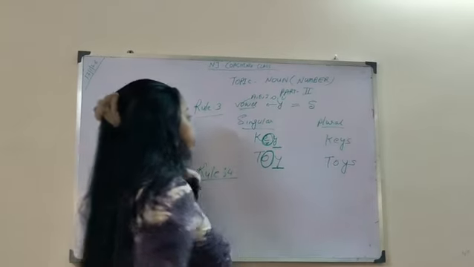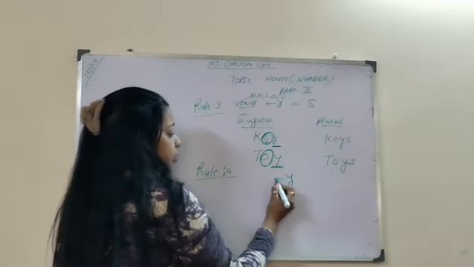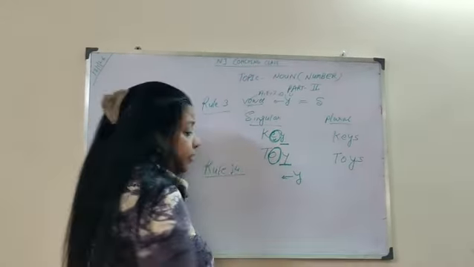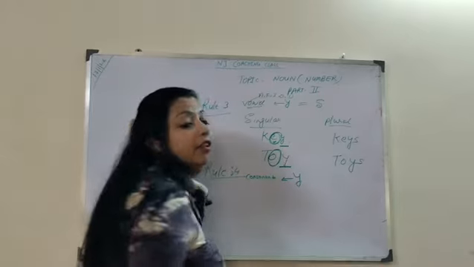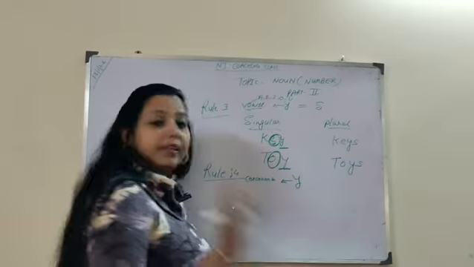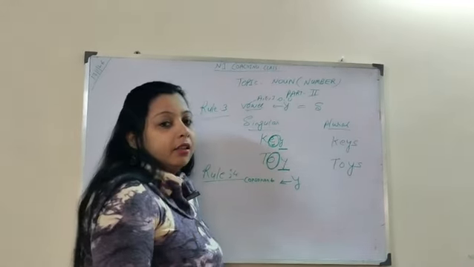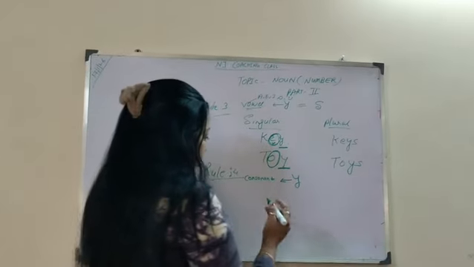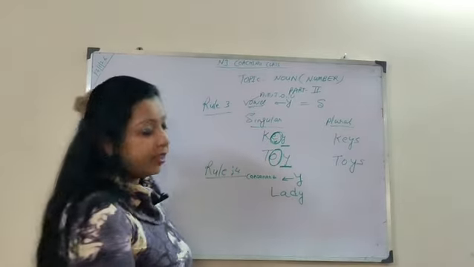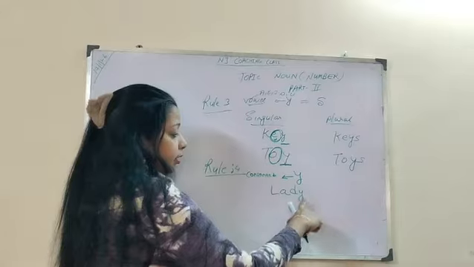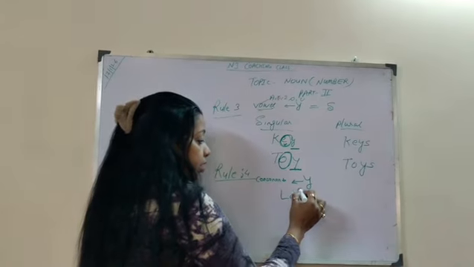Now come to rule number 4. If there will be y at the end in singular but before y there will be a consonant. Consonant means what? There are 5 vowels a, e, i, o, u, and the other alphabets are called consonants. Okay, so if I say lady, see in singular the word ends with y but before y there is a consonant d.